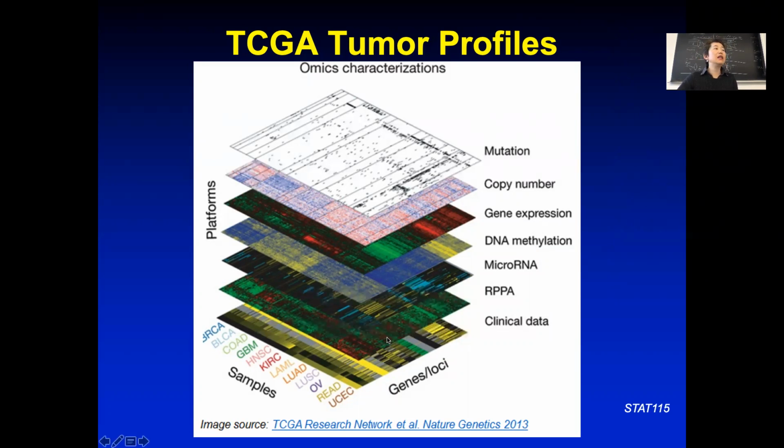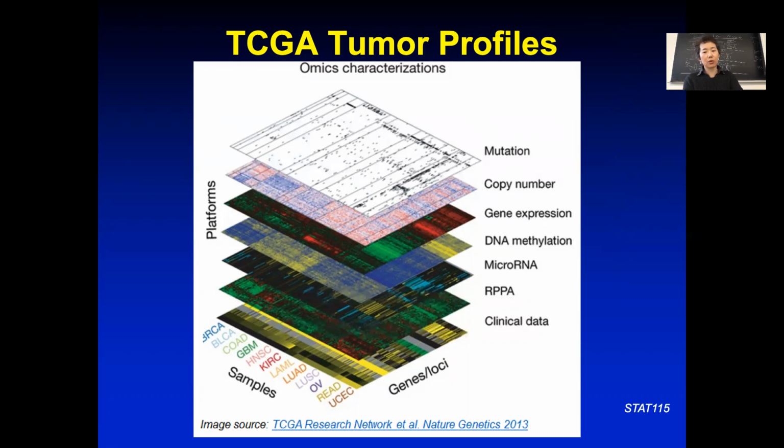And then there are some clinical data. In the clinical data, we know the patient age, the gender, the diagnosis, the survival, and how they were treated. Most of the tumor samples were taken before the patients were treated with a drug. But you know what they were treated with and how long they survived and things like that, okay? So those are the different profiling types.